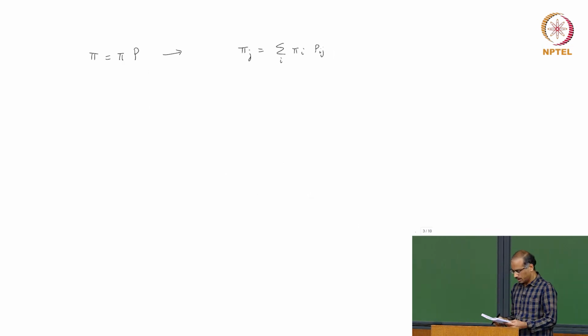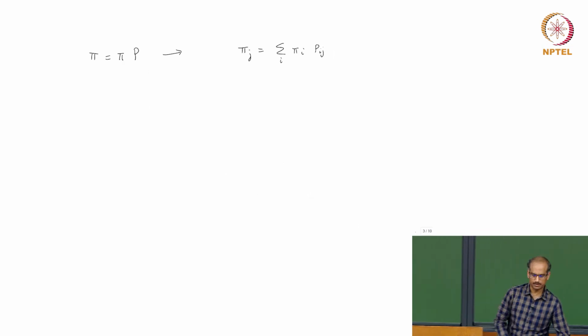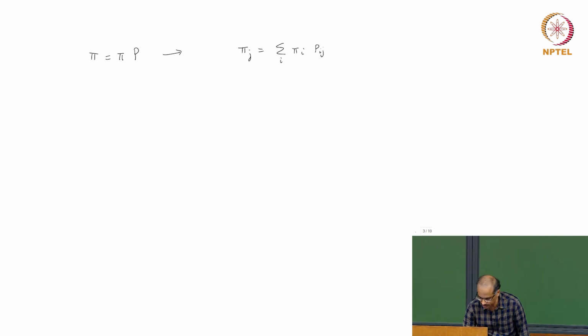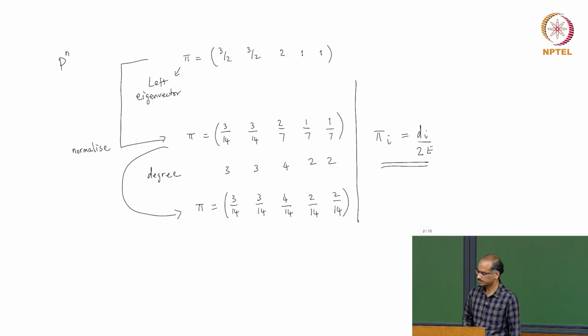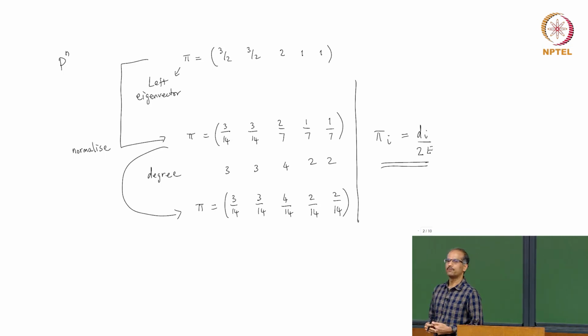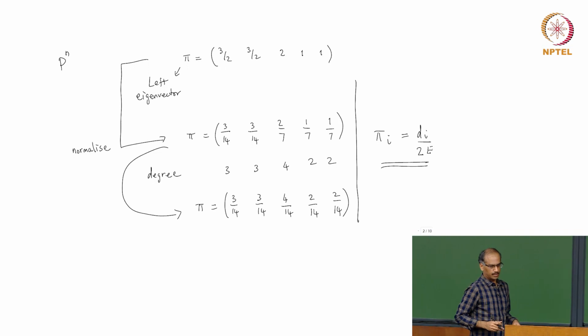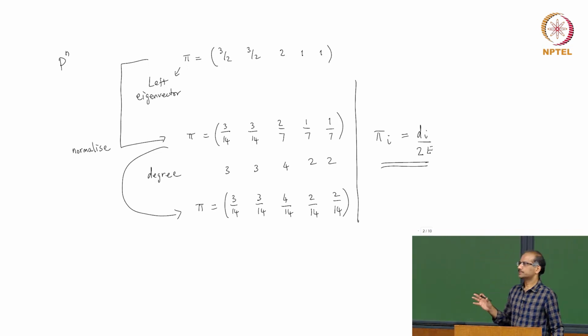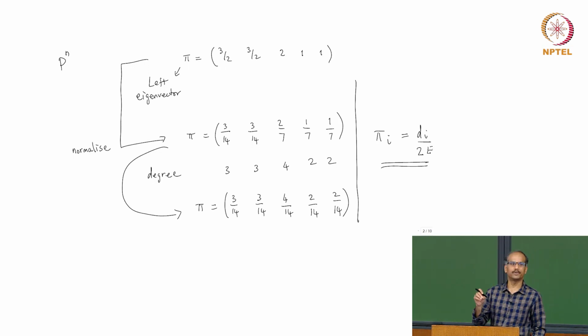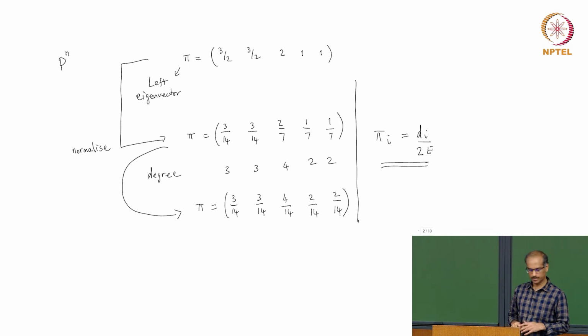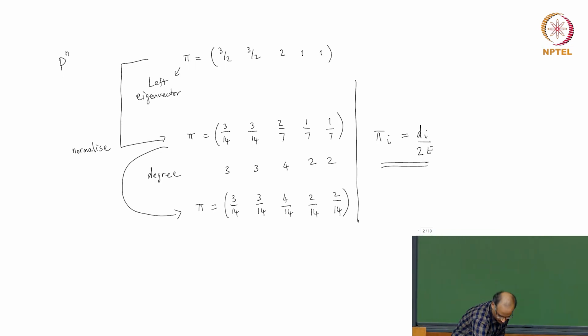Okay. So given that you get this, let's say this pi i is di by 2e, what does it physically say in a network setting? It is a quantity that tells you how attractive a node is for a walker. You can see that pi i is proportional to the degree of the node.